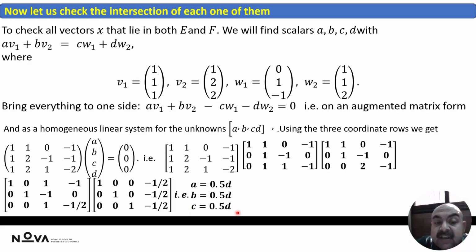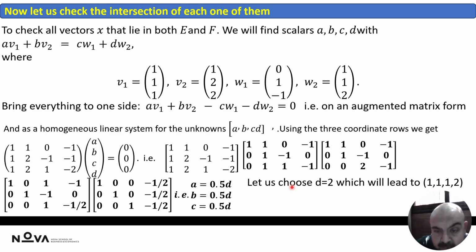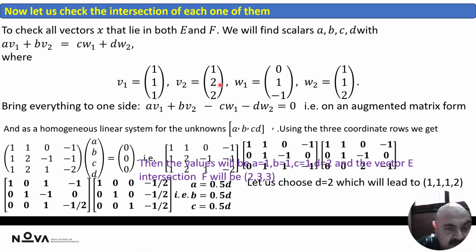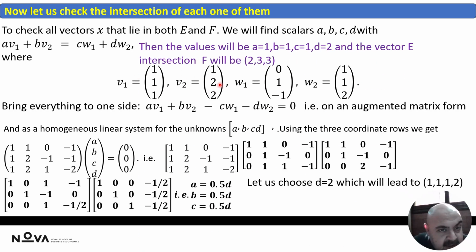I can choose d as 2, and then the values will be 1, 1, 1, and 2. These are the values that will make those vectors actually exist. Then the vector in E intersecting F will be 2, 3, 3. That's the vector that we can find easily. That's the vector of the intersection.